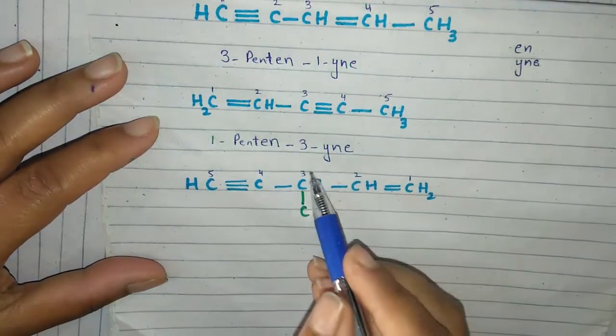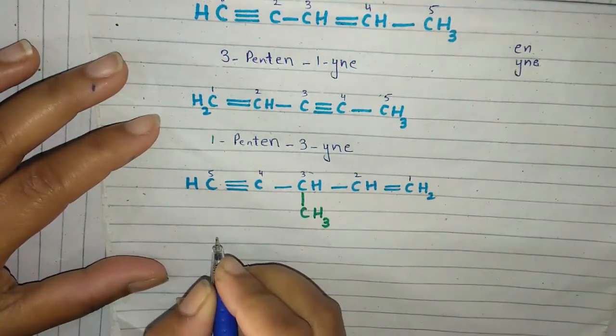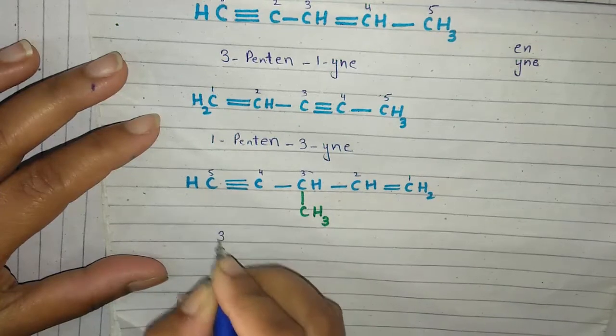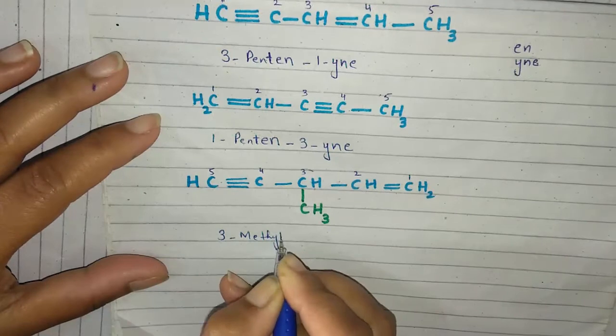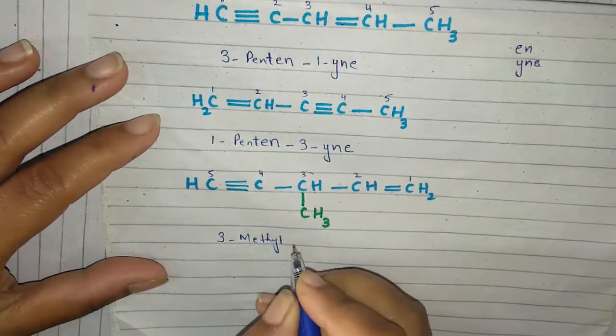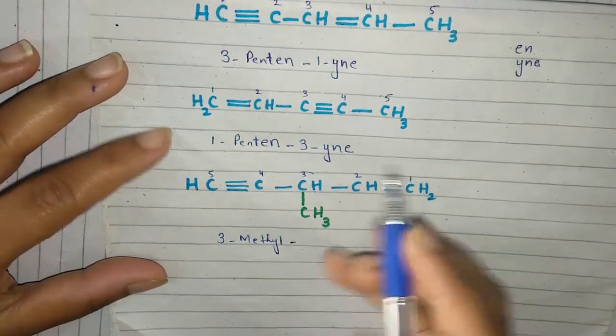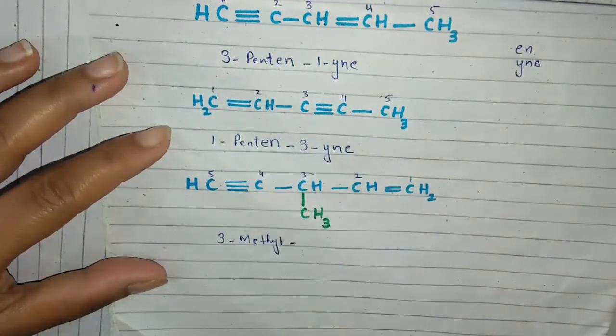Now we have to write the name of the substituent first, that is 3-methyl, again hyphen. Now we have to write the name according to these examples.